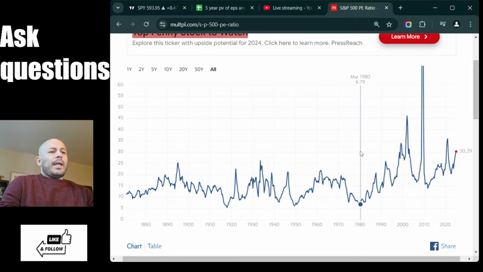In 1980, the PE ratio was only 6. And there were a lot of things going on in 1980 that would justify fear. And that's usually why stocks get cheap. But let's round it up and say it was 7.